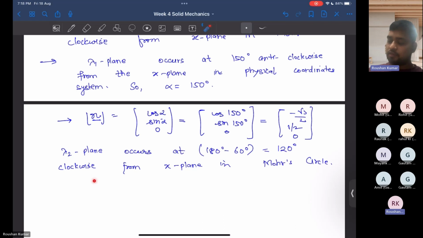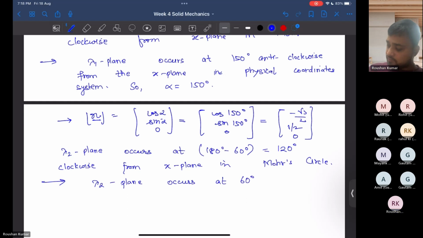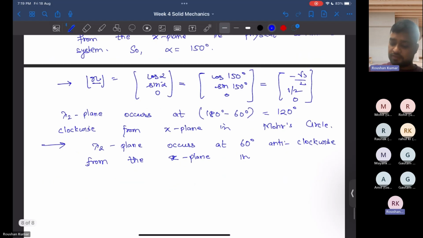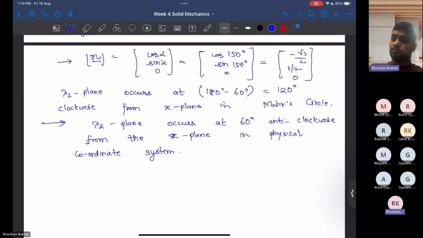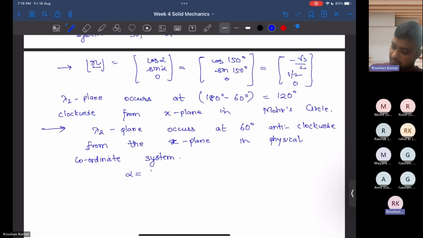So it is 60 degree counterclockwise from the x plane in the physical coordinate system. That is, here alpha is 60 degree.